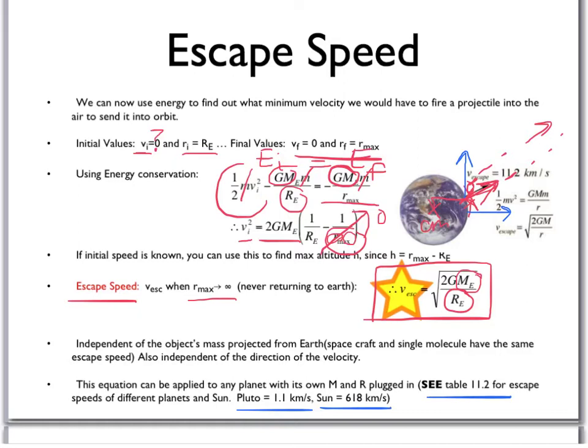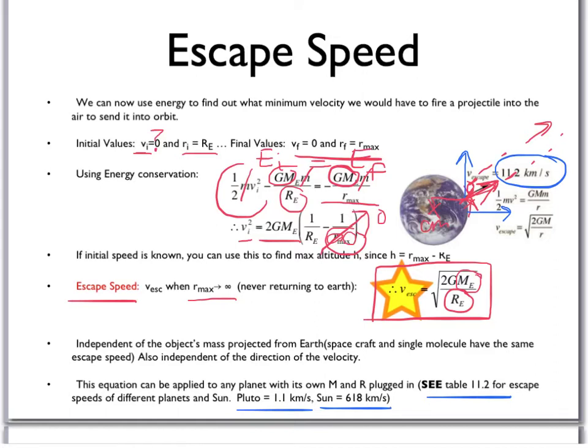If we were to look at Earth, it ends up being about 11.2 kilometers per second to escape the Earth's gravitational pull. What's interesting about this is that this actually explains why we see the type of atmosphere that we do on the Earth.